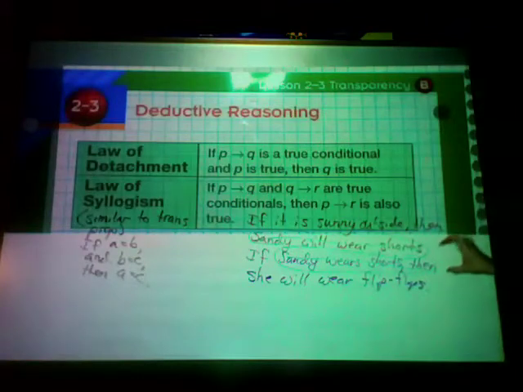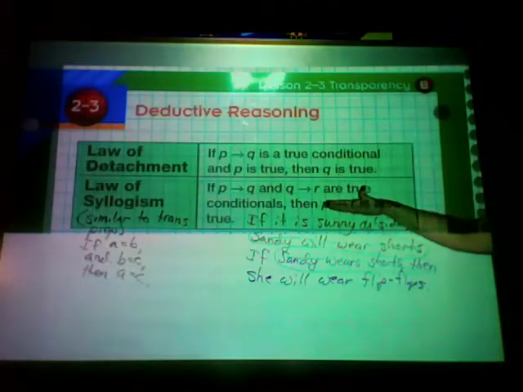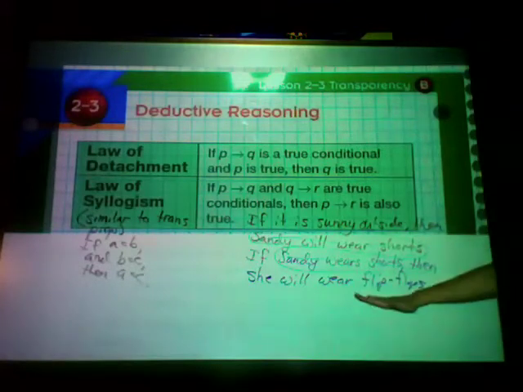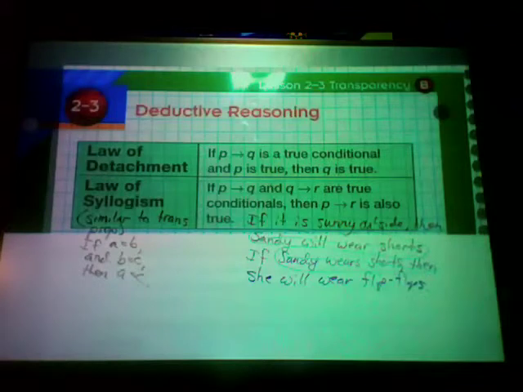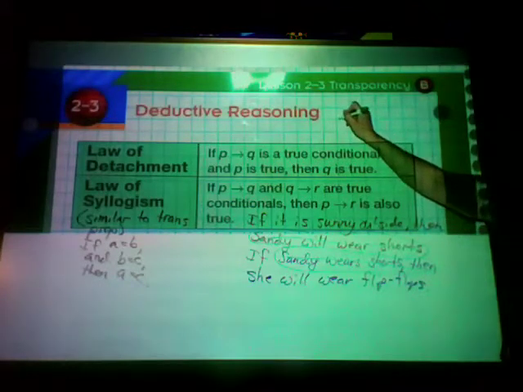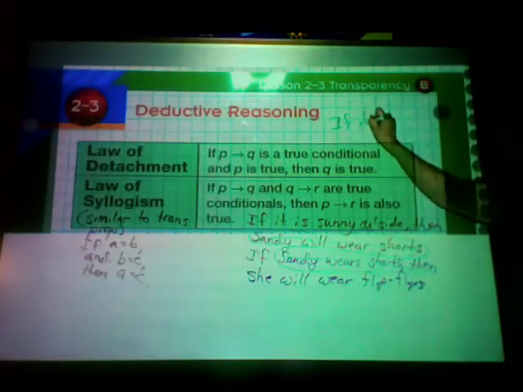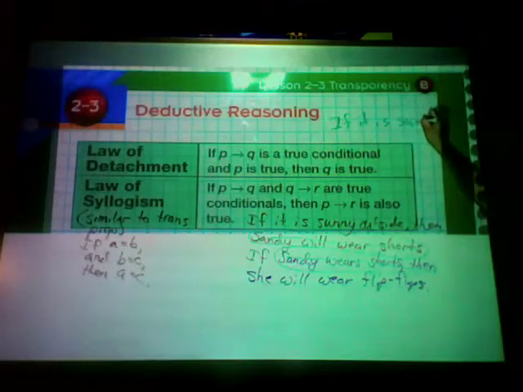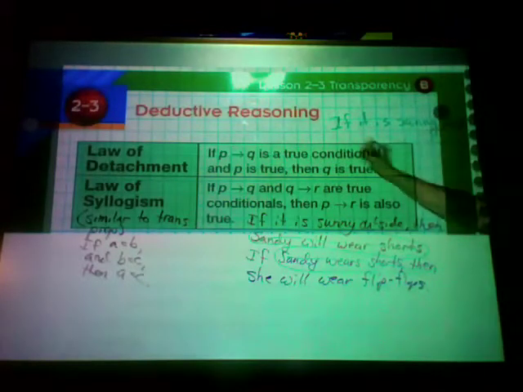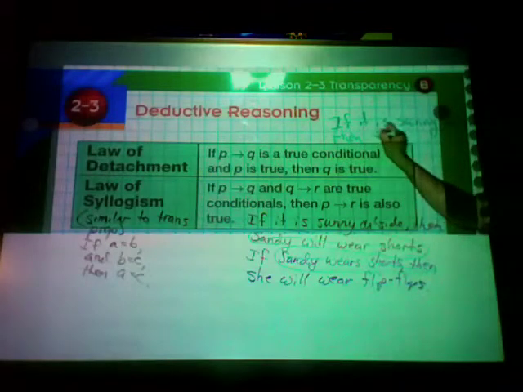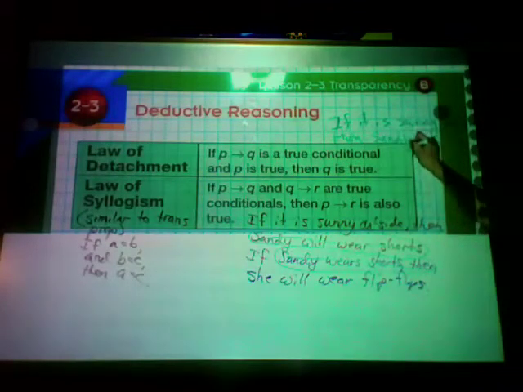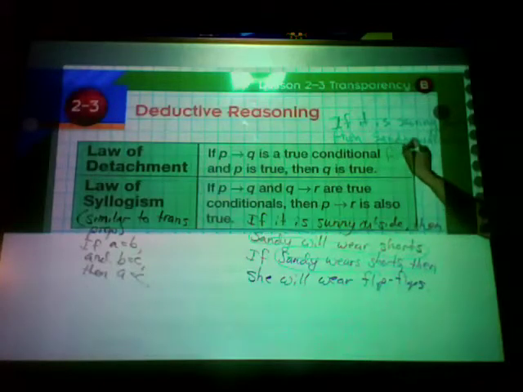All right, so whatever is being repeated gets pulled out of it, and the hypothesis of the first one and the conclusion of the second one get put together as your final conditional. So here's your final conditional. If it is sunny outside, then Sandy will wear flip-flops.